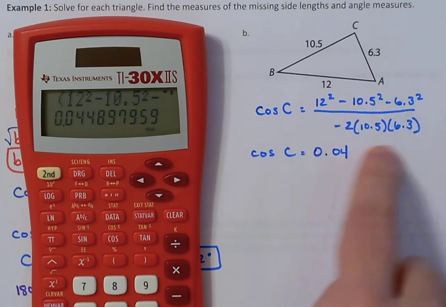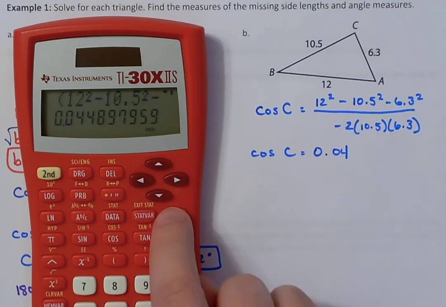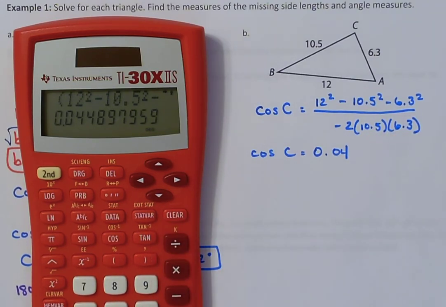Now, if you're leery about typing all that into your calculator at once, you can calculate the top part and then divide it by the bottom part. My mistake when I did it for part A is with the negative sign. My calculator reads that differently and it read it separately. So if we did 12 squared minus 10.5 squared minus 6.3 squared, we would end up with negative 5.94.